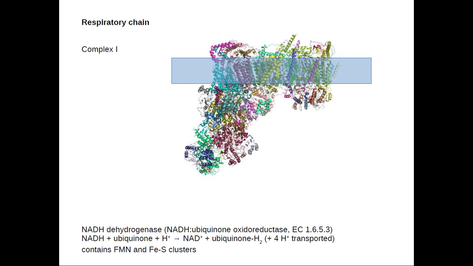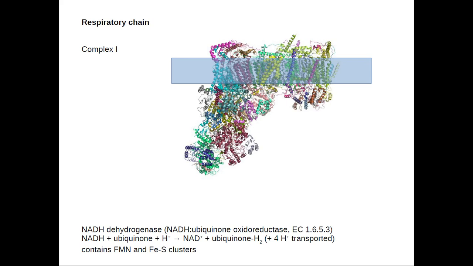So there is an active site for this reaction, where NADH gives NAD plus, plus H plus 2 electrons. This reaction happens somewhere here, and these electrons are transferred from this point to somewhere here, where the second active site is.